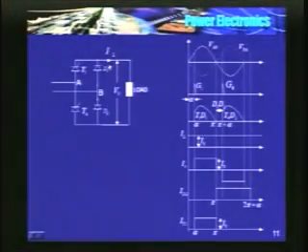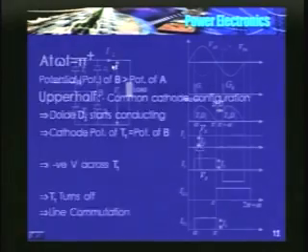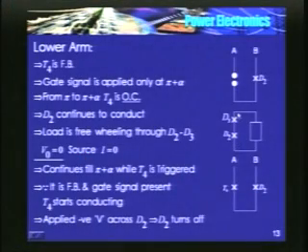Load is highly inductive, so current starts flowing through D2 and D3. In other words, current freewheels through D3 and D2. The equivalent circuit is D3 to D2. So this is the condition.